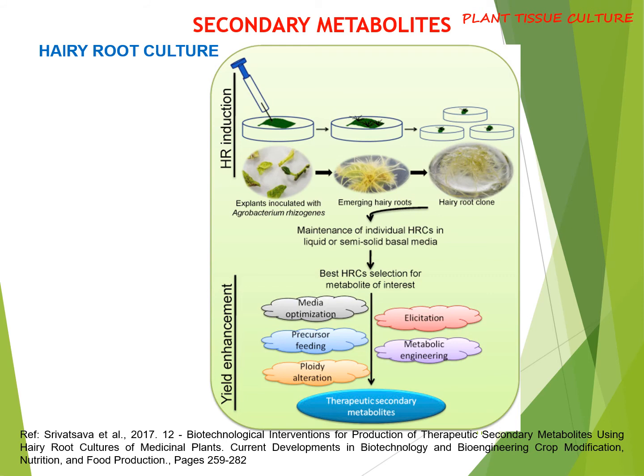After the induction of hairy root cultures, they are maintained by subculturing. The cultures are then manipulated for enhanced production of secondary metabolites by the use of elicitors, media optimization, precursor feeding, metabolic engineering, polyploidy alterations, etc.